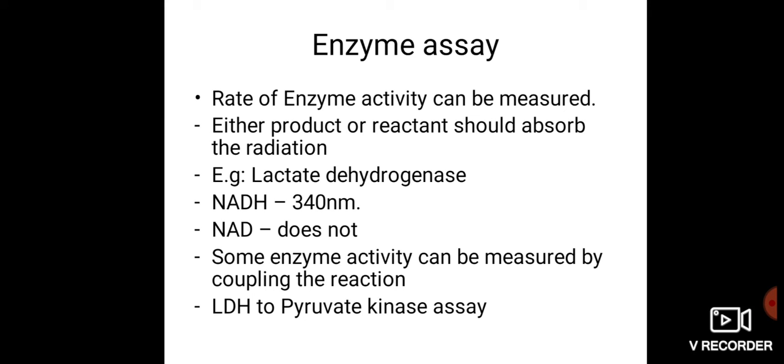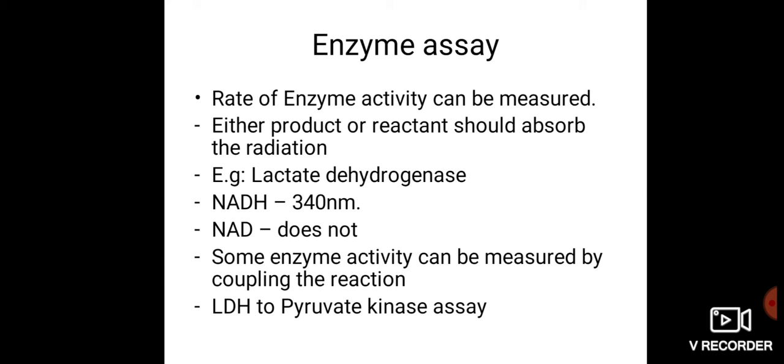The rate of enzyme activity can be determined by product appearance, product disappearance or reactant disappearance, which causes a change in the absorption of radiation that can be used as a characteristic. For example, in the case of lactate dehydrogenase, NADH absorbs at 340 nanometers, whereas NAD does not absorb at 340. So this can be used as a characteristic for the enzyme assay.